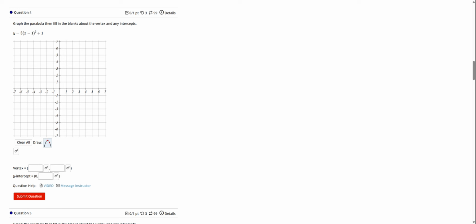Now, notice number 4. So 3x minus 1, and then a plus 1. 3 parenthesis square minus 1.